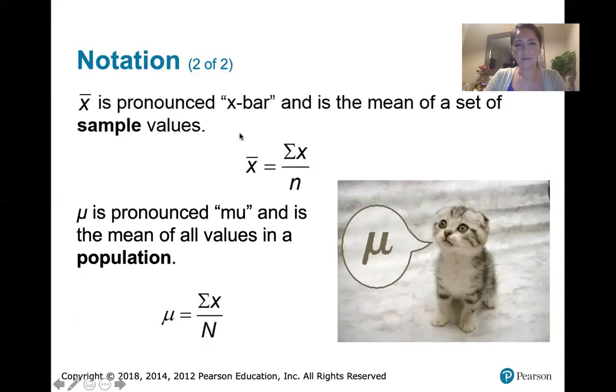X bar is the sample mean, so that's a subset of the population, that subset that we selected. And mu is the population mean. It's the sum of all the X values, all the values for the entire population, divided by that capital N, which represents the number of values in the entire population. So we've got this little kitty here. You didn't know he was talking about statistics, but he's not actually meowing at you. He's talking about population means, apparently.